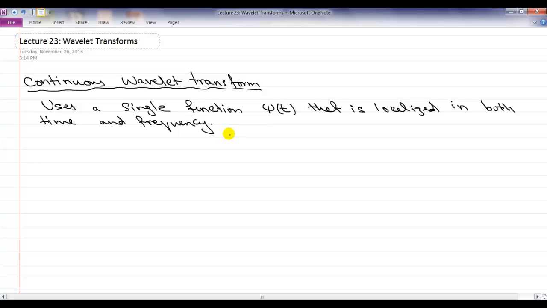It's called a wavelet, like a small droplet, in the sense that it is localized in time. It doesn't go from minus infinity to infinity. And at the same time, it is also localized in frequency.